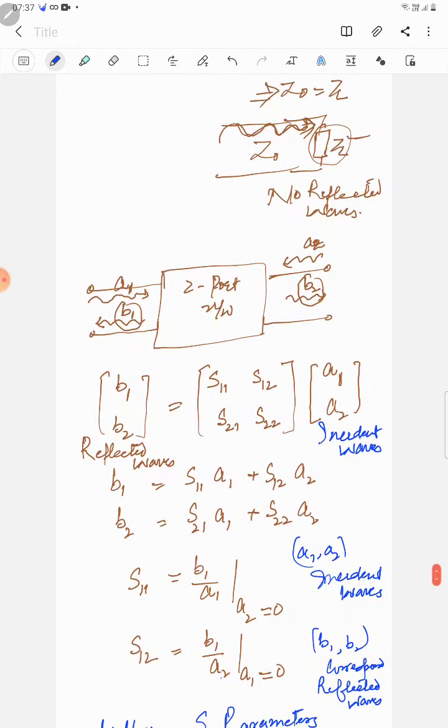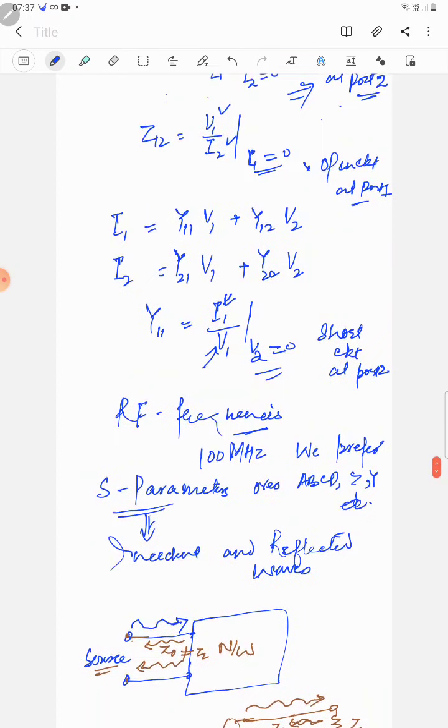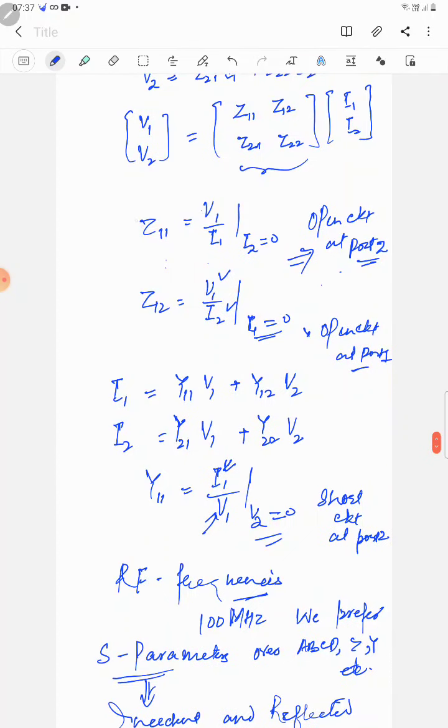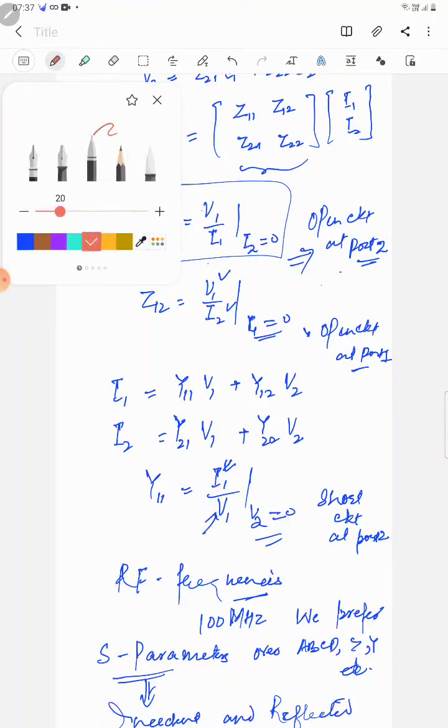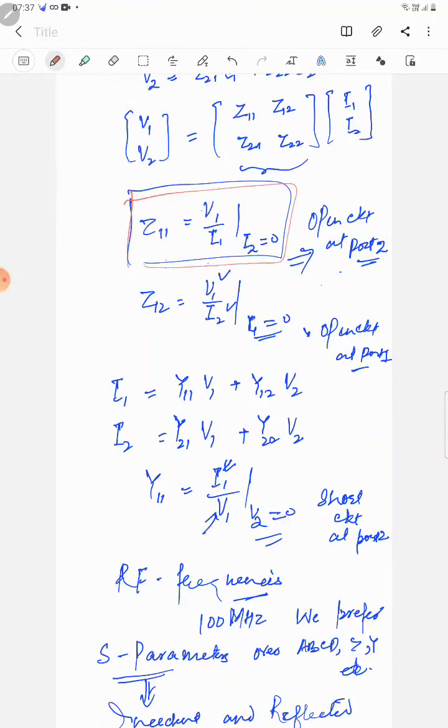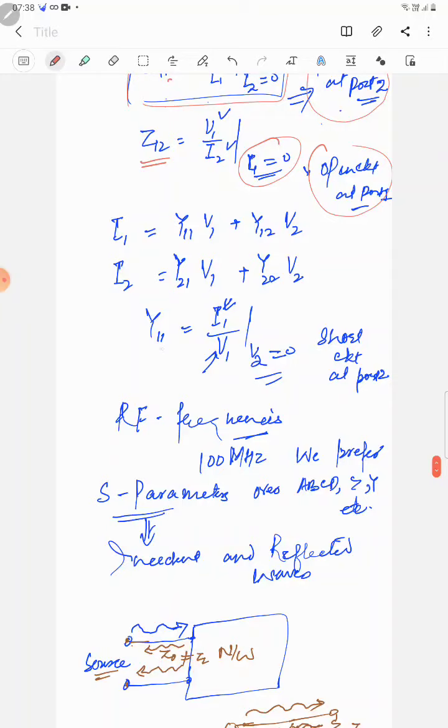For example, Z11 is V1 upon I1 with I2 equal to 0. So we need to create an open circuit at port 2 for getting Z11. Or again, for finding Z12, we need to create an open circuit as I1 is 0. Likewise, if I try to find Y11, we need to create a short circuit, V2 is 0.